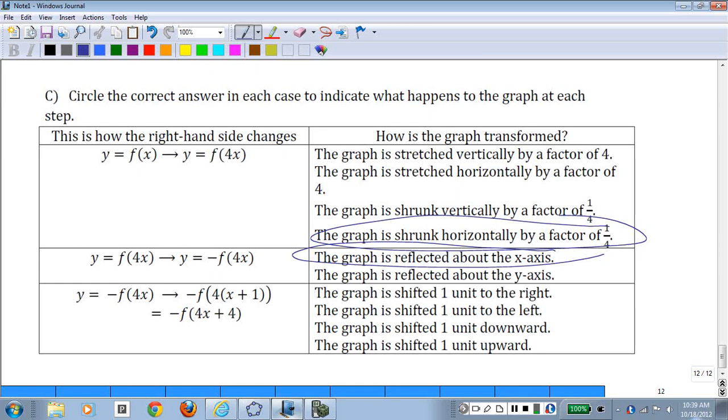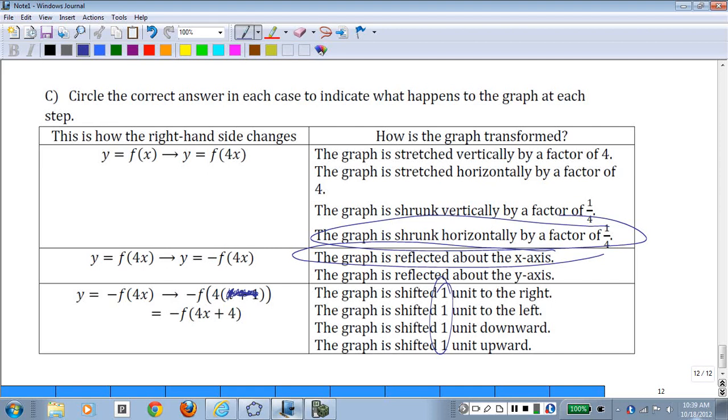And here's the one. No peeking here. Without this little simplification, and without all these ones here, I think it would be really tempting to say this shifts the graph 4 units to the left. Would you be tempted to say it shifts the graph 4 units to the left?